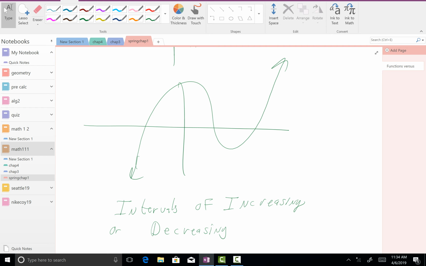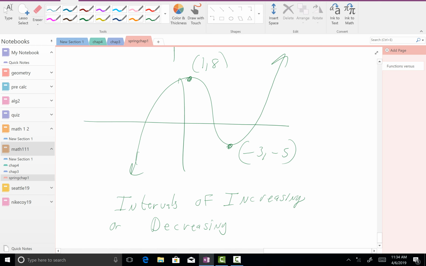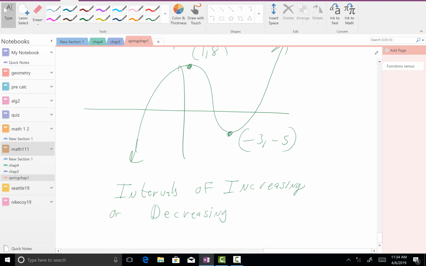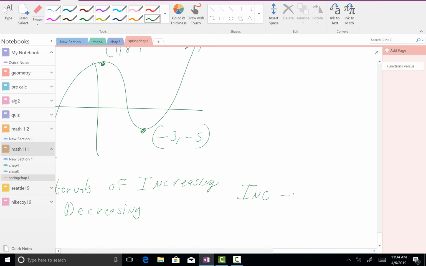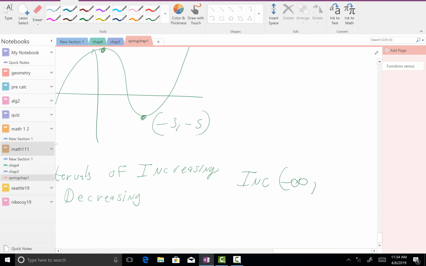So we would find these points, whatever they are. So let's say this one's 1 and 8, and this one's -3 and -5. And I would write those intervals of increasing, decreasing. How would I do that? For increasing, exactly, -infinity to 1.